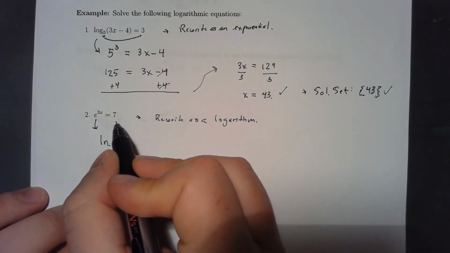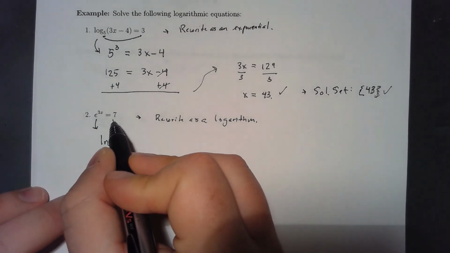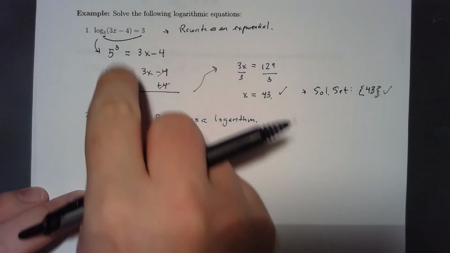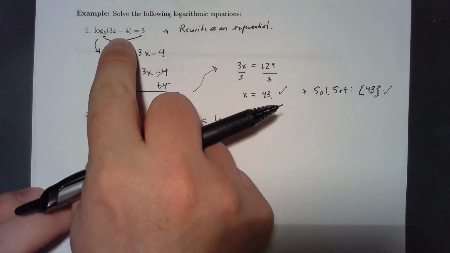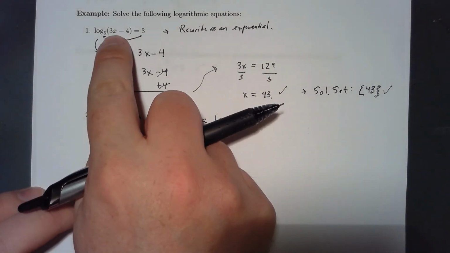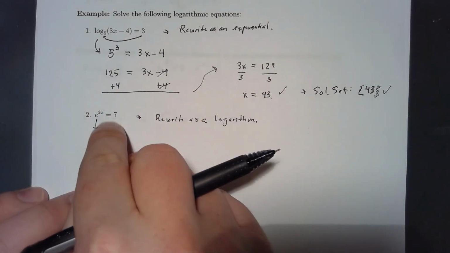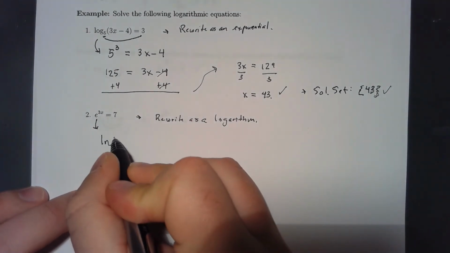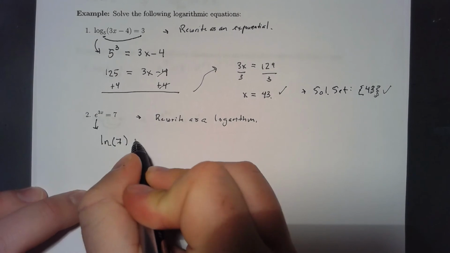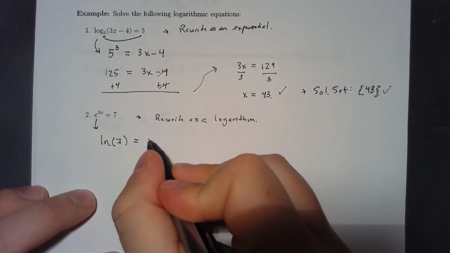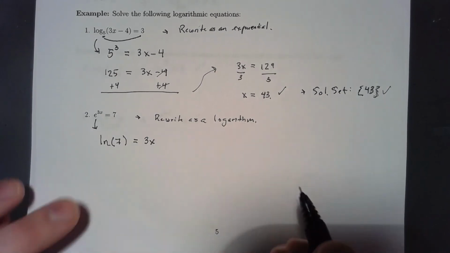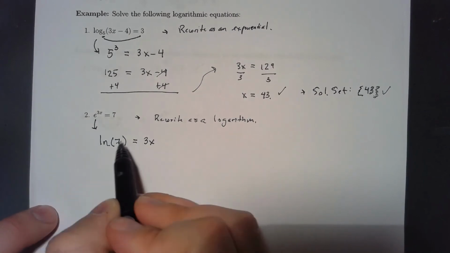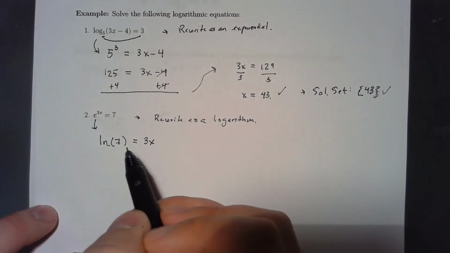Now the result of this exponent is what goes inside of the logarithm. So the result of this exponent, which is 7, goes inside ln. And that's going to equal the exponent, which is 3x. So by rewriting this as a logarithm, that's what it would look like.